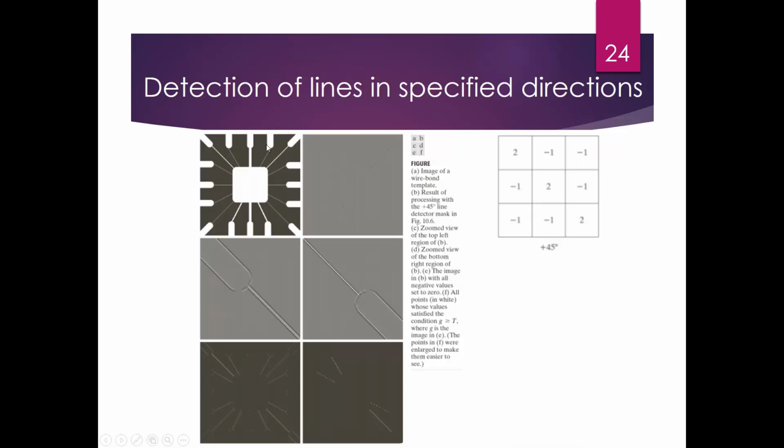When we convolve this binary image with this mask, the output is represented in figure B, and this one is a zoomed version of this area, and this one a zoomed version of this area. And in figure E, when we set all the negative values equal to 0, we get this figure, and if we apply a certain thresholding condition, we get this one.